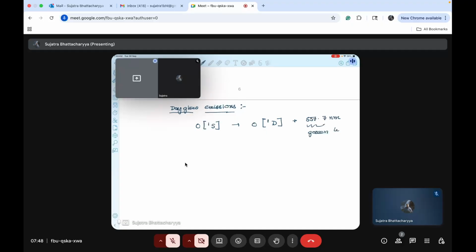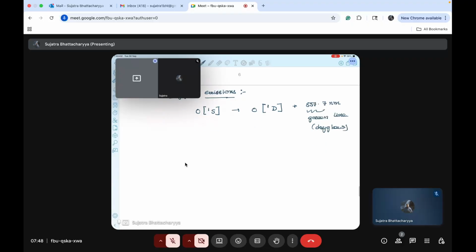As you can see, the wavelength is the green line. So these are dayglow. Now suppose these are a couple of spectral states with different energy, of course. This is 1.96 electron volt, and this is 0 electron volt.